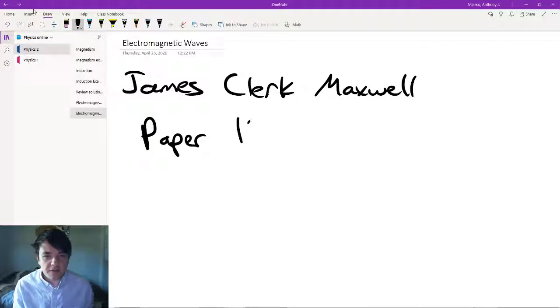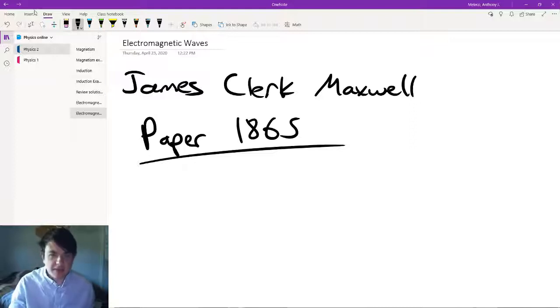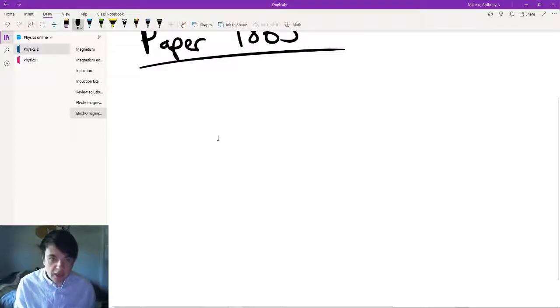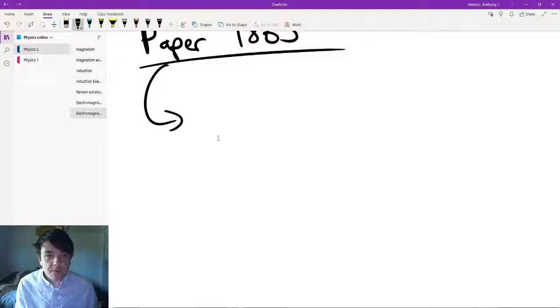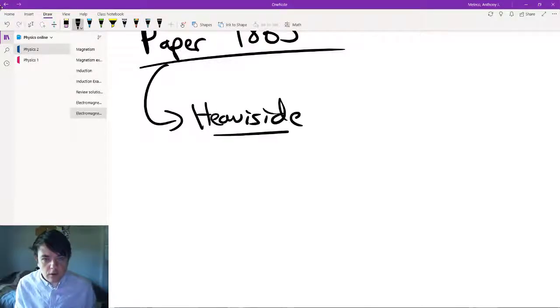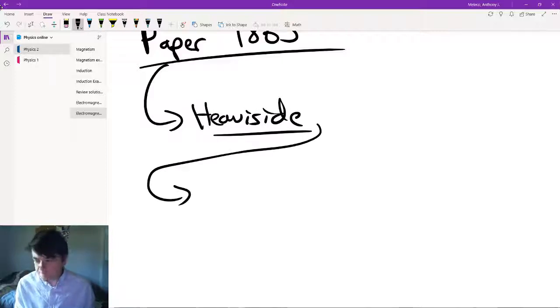He had his main paper in 1865, and that had numerous equations and observations in it that ended up getting put together later and condensed down into four equations. Out of this paper, and put together by other people like Oliver Heaviside and a few others, these guys, some of them are in the name, like Faraday, Gauss, Lorentz.